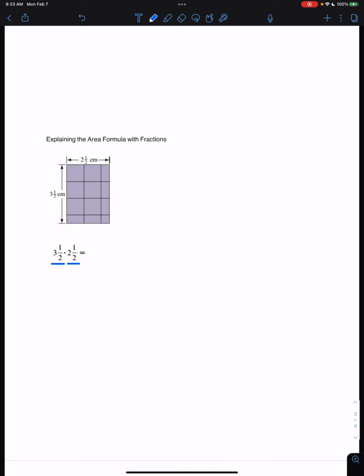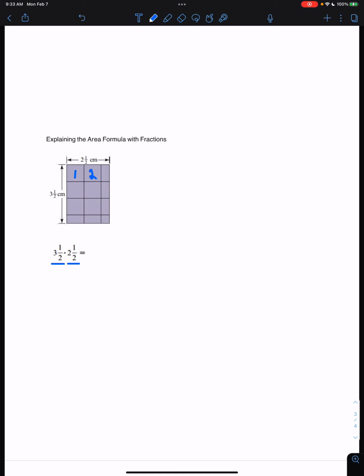So here I have a diagram representing our rectangle, 3.5 centimeters tall, or wide, maybe long, I don't know, and 2.5 centimeters long or wide here. So you can see that we can count up some full boxes, but then we have some partial boxes over here.